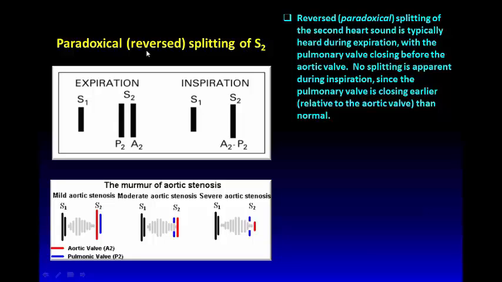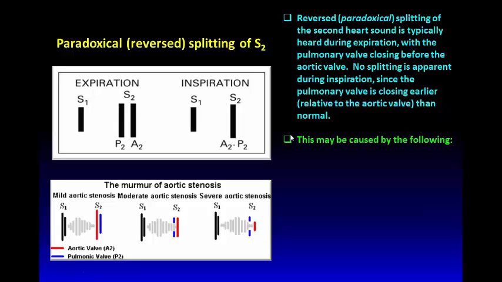So in reversed or paradoxical splitting of the heart sound, the pulmonary valve closes before the aortic valve, and the splitting is heard during expiration. So this is totally the opposite of the physiological splitting of the second heart sound.